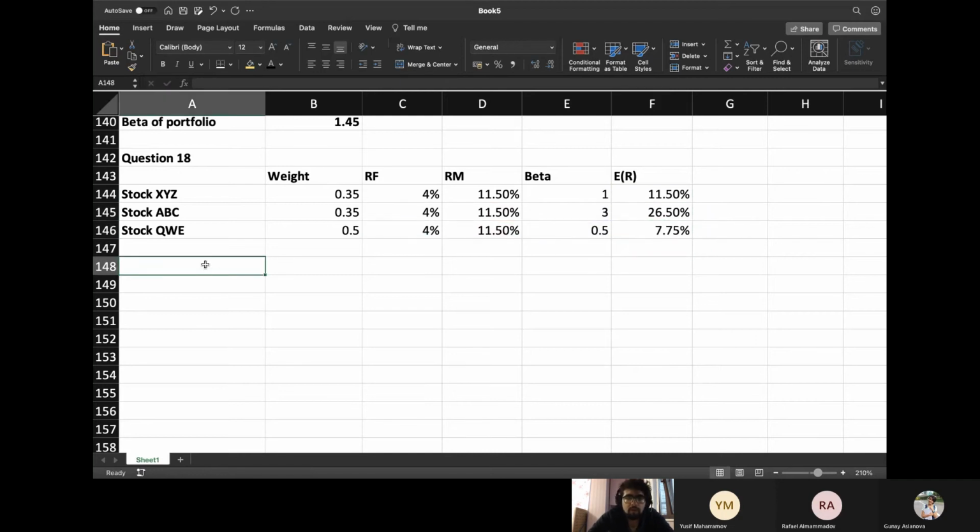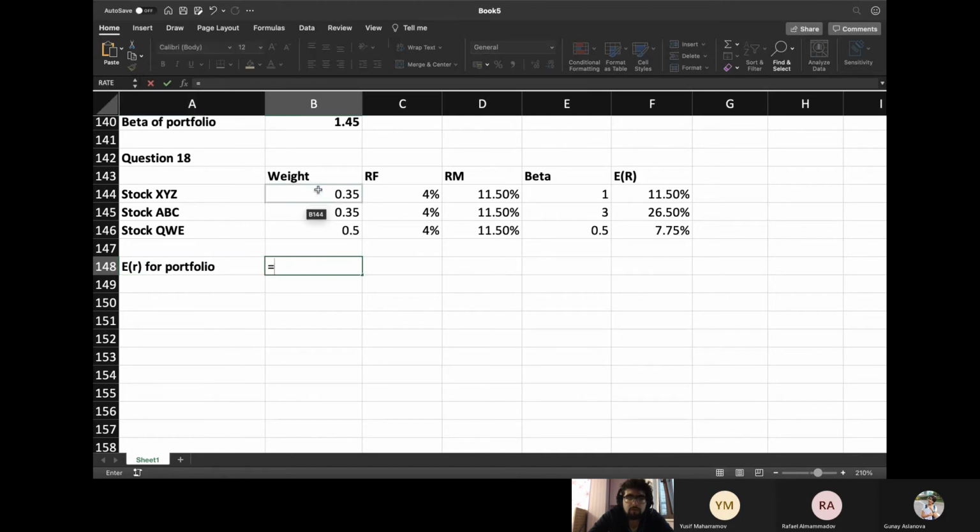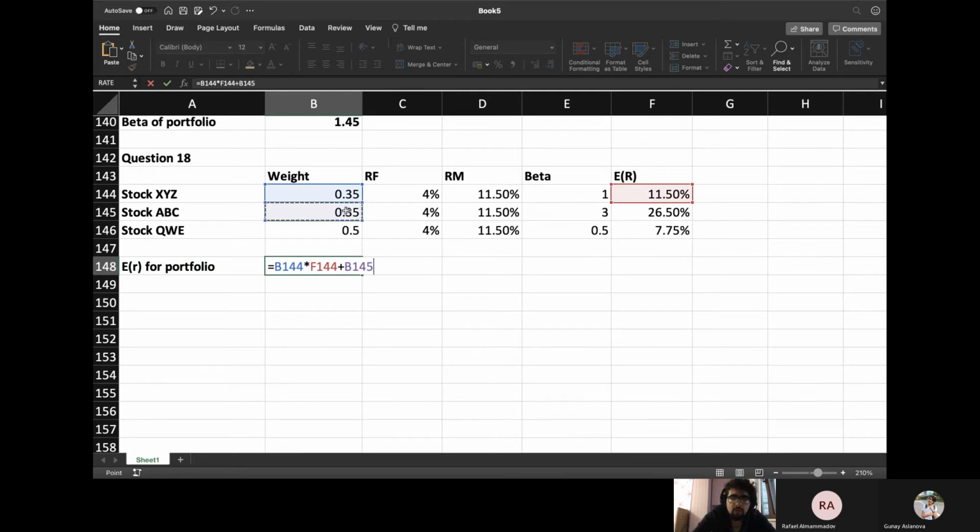And the expected return for the portfolio is equal to the corresponding weights multiplied by their returns. 0.5 multiplied by 7.75.